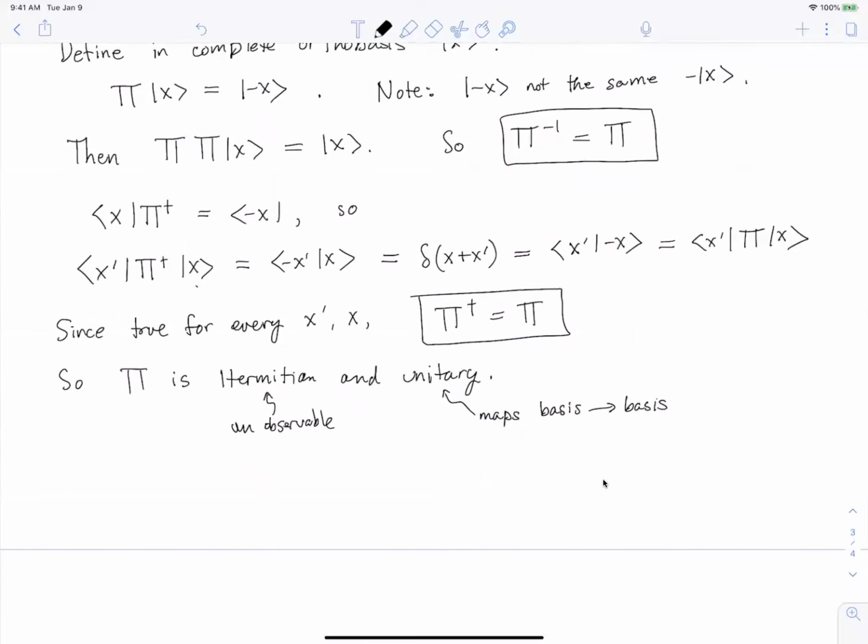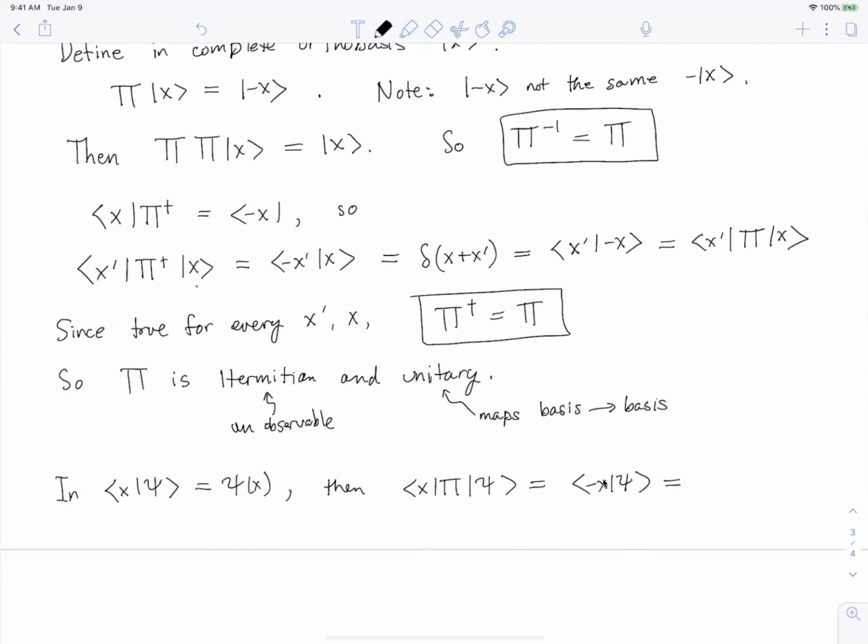Okay, and furthermore, we can figure out what it does to wave functions if we define the wave function, as we usually do, as the inner product of the x eigenstate with the state we're in, the state ket psi. Then the matrix element x parity psi is equal to, we learned above, minus x psi.